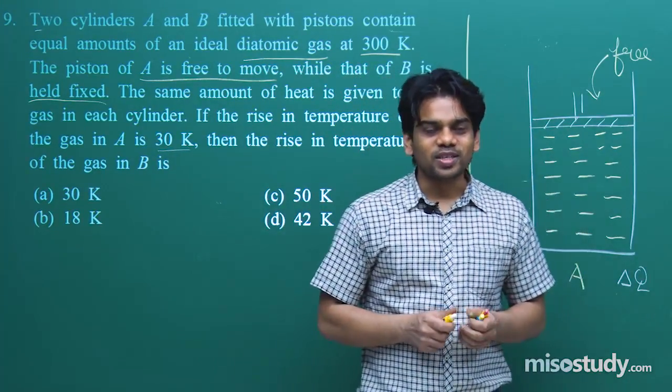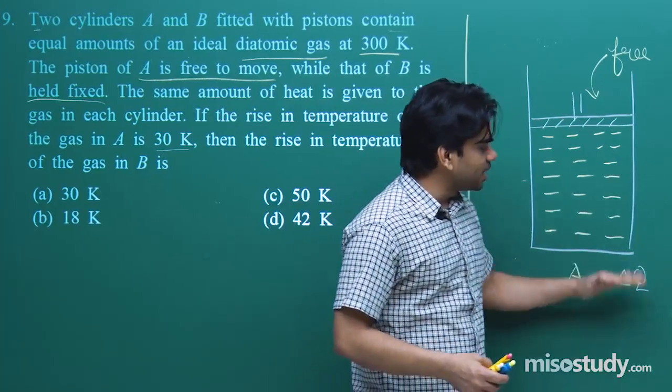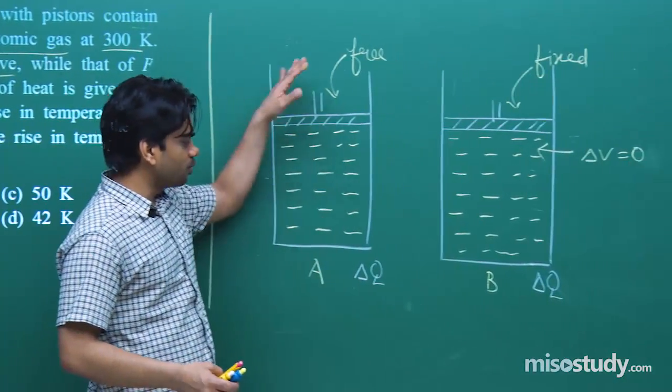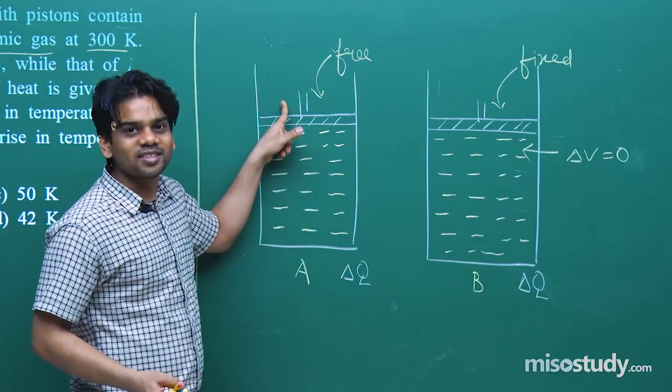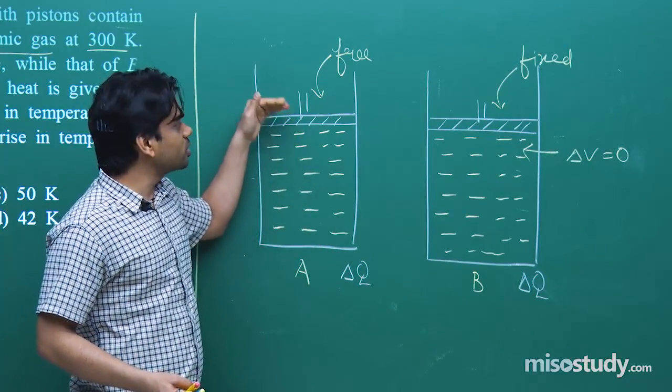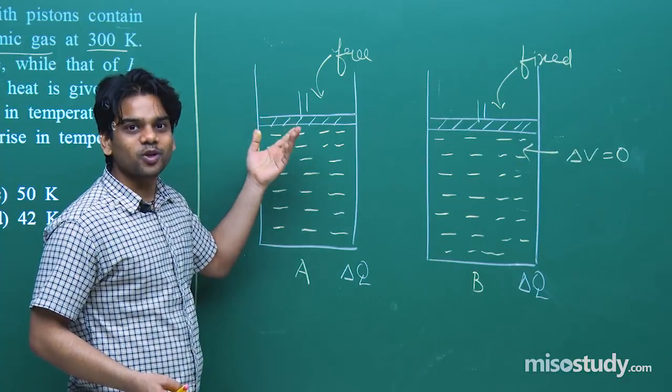How to use it? Now see, when you supply heat energy to A, it's free to move. Whatever heat energy you are supplying, the pressure will remain constant. You can easily understand, because it's free to move, the pressure will remain constant, that is the atmospheric pressure.